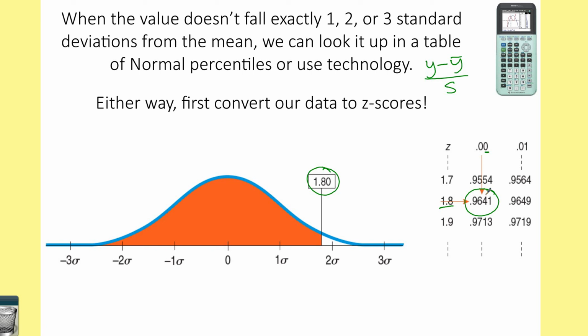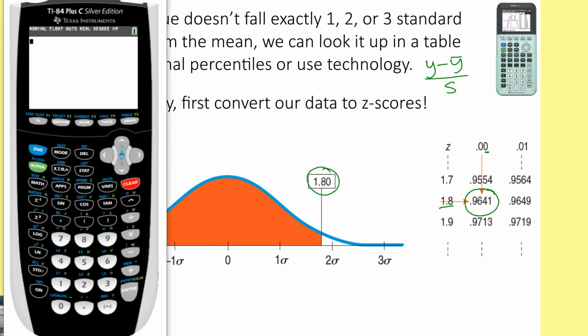Okay. All right, we can also use technology. To find it on your calculator, you're going to want to go to second vars, so distribution. You go to normal CDF, that's the one that's going to be useful.